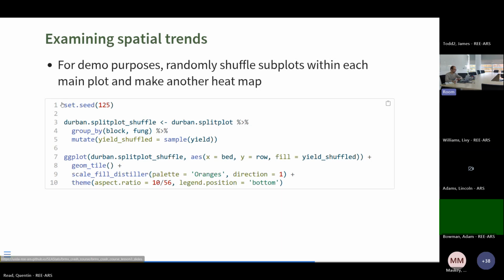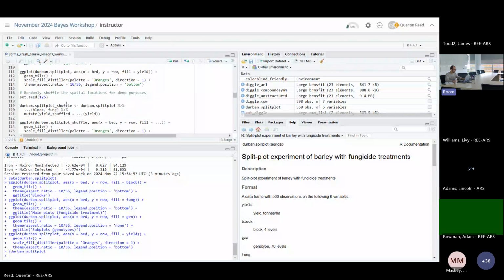This random seed is just to make sure you get the same result every time. Then I use this sample function to randomly shuffle the locations of the plots within each block by fungicide group, so within each main plot. This is just for proof of concept.